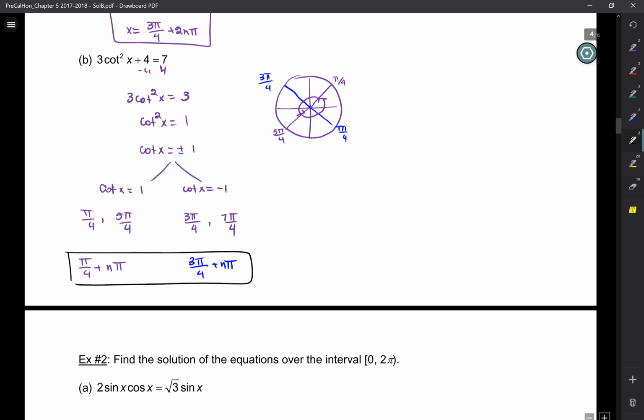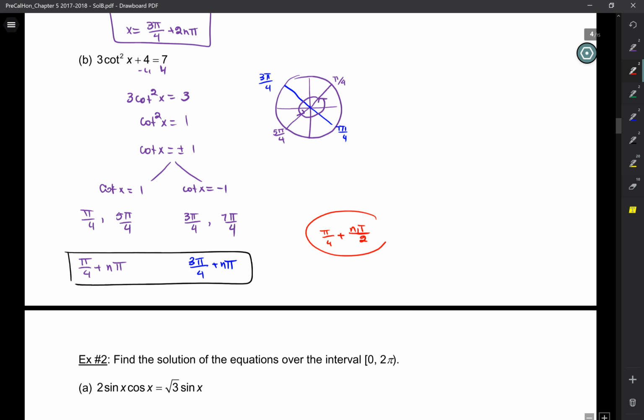Couldn't you just do pi over 4 plus n pi over 2? You can do, okay, so that's what I was going to say next. If you realize that, look, from pi over 4 to 3 pi over 4, it's 90 degrees, right? And then it's 90 degrees, and then 90 degrees, and then 90 degrees. So you could also do pi over 4 plus pi over 2 n, right, n pi over 2.